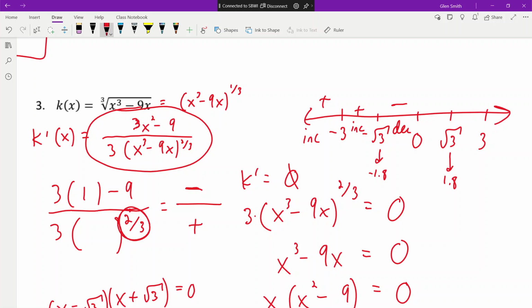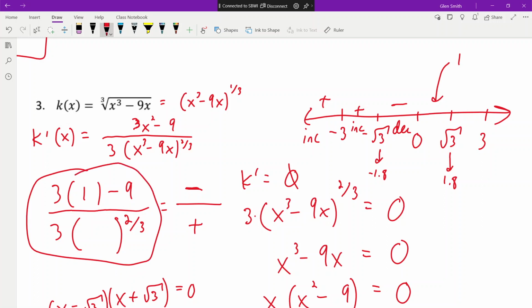If I plug in the next interval, the number in there is positive 1. That's something you need to know, that 1 is in that interval there. When you plug in positive 1, you get the same thing, which is a negative over a positive, which is a negative, which means we are decreasing there.